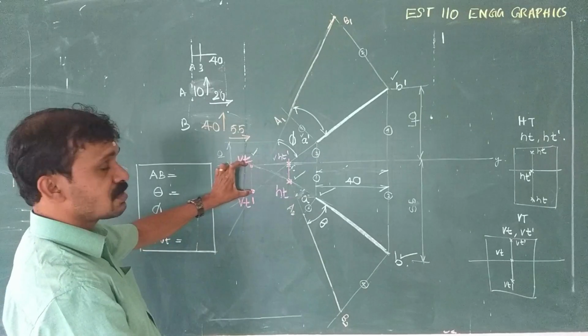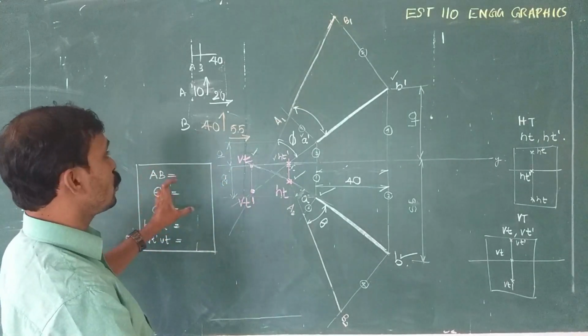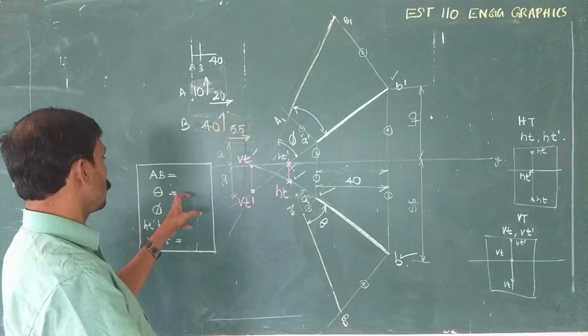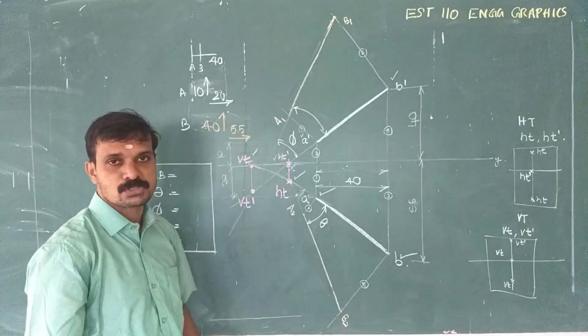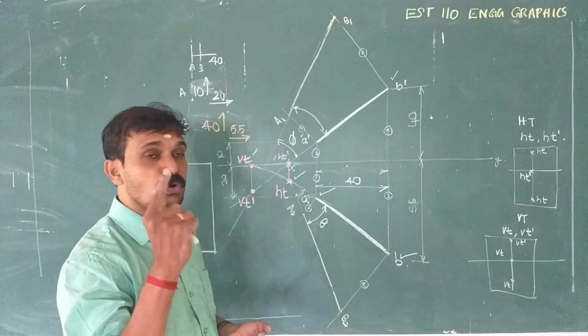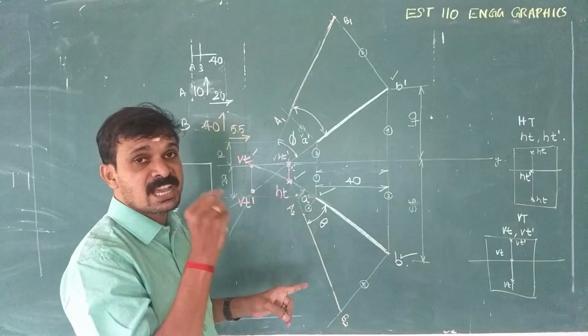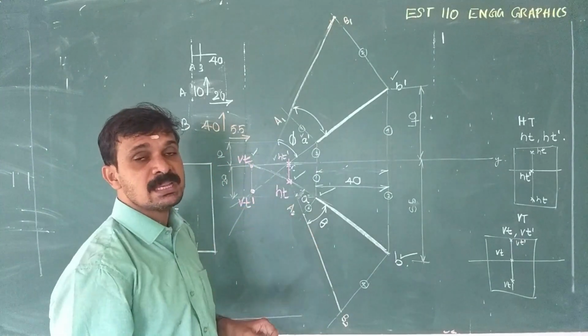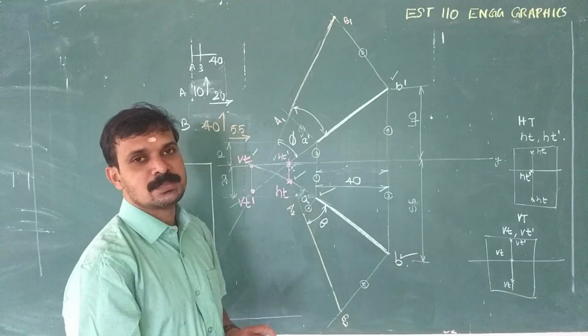Measure VT, the distance between VT and VT dash. You have to write it here, and also you have to measure the true length, true inclinations theta and phi, and put them in a box. One more rule is there for traces. A dash, B dash, HT dash, VT dash will always lie on the same line. A, B, HT, VT will always lie on the same line.